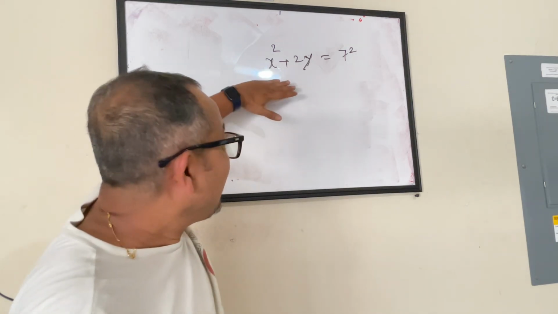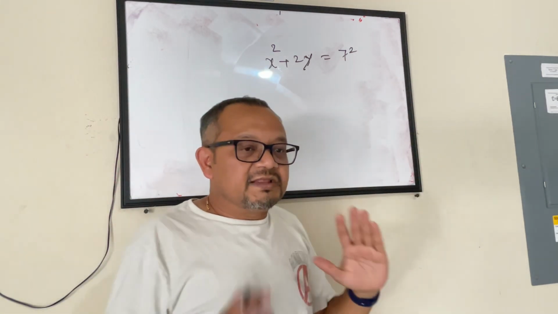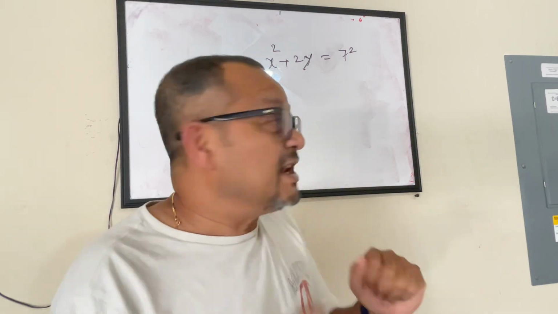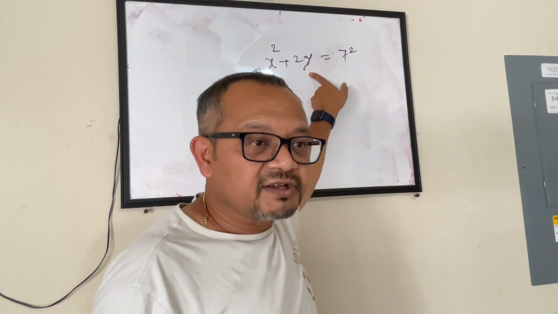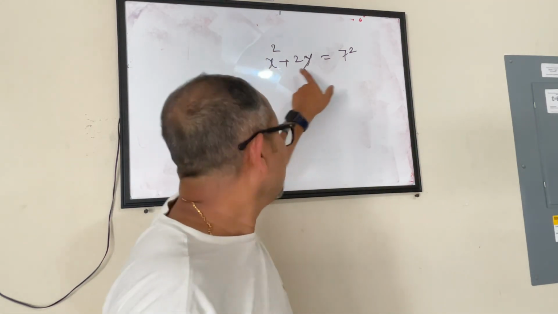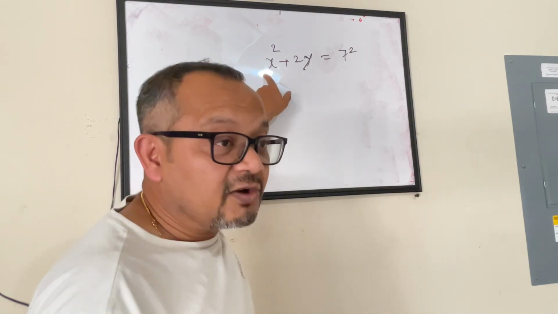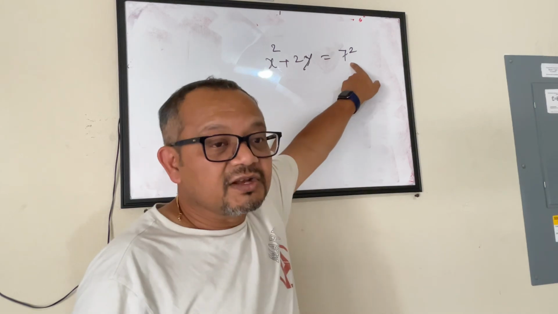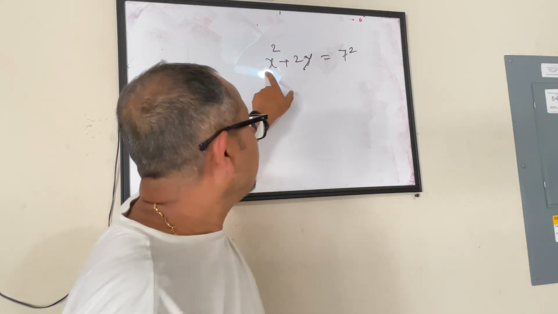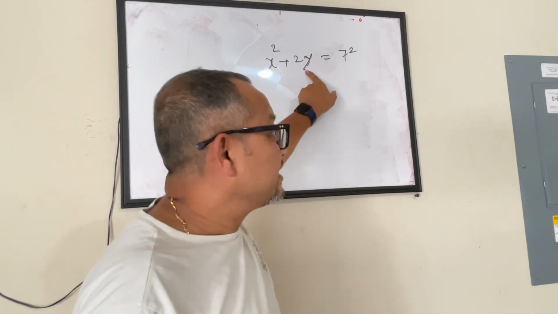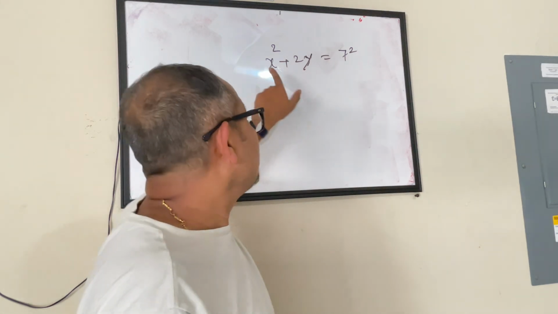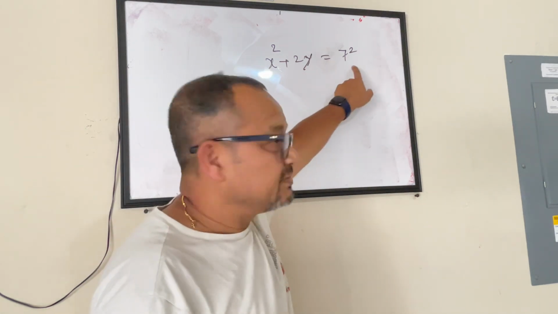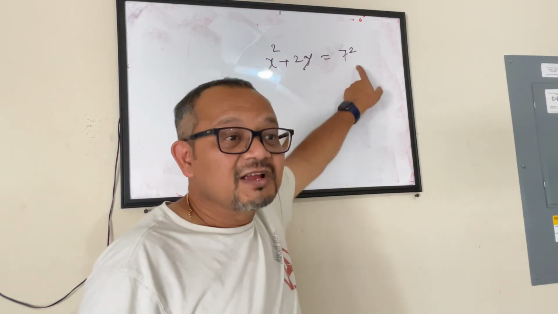Now, this equation is a contract, a deal between x and y, if you look at it that way. It says the square of x plus 2 times y will give me 72. You decrease the value of x, the value of y increases to get to this. Increase the value of x, this value decreases, because your end result has to be 72. So this is a contract.